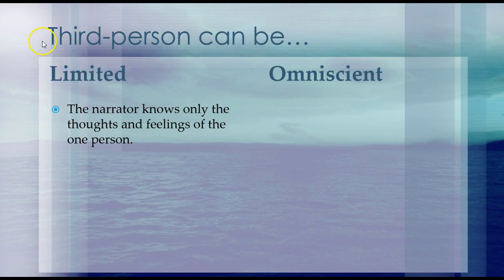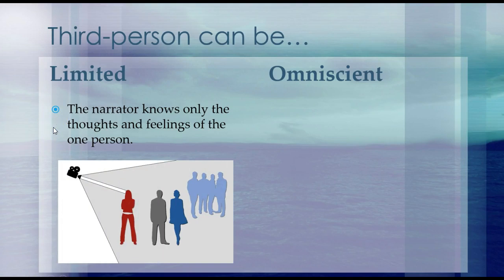So the narrator is still outside the story, and they know all the thoughts and feelings of that one character. But it's just that one person. It's not the whole cast. It's not everybody in the story, okay? We can see everything that's happening to that one person in the story.